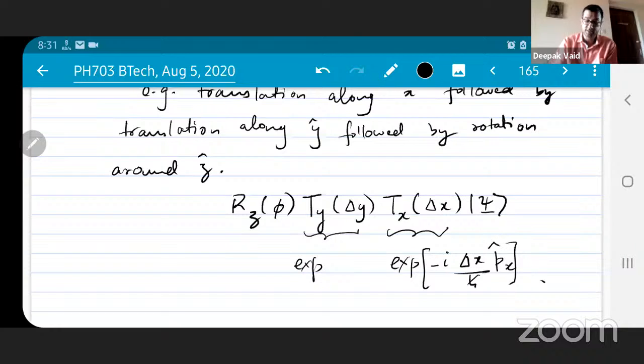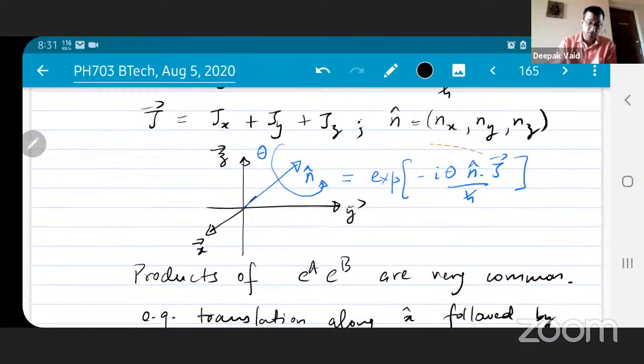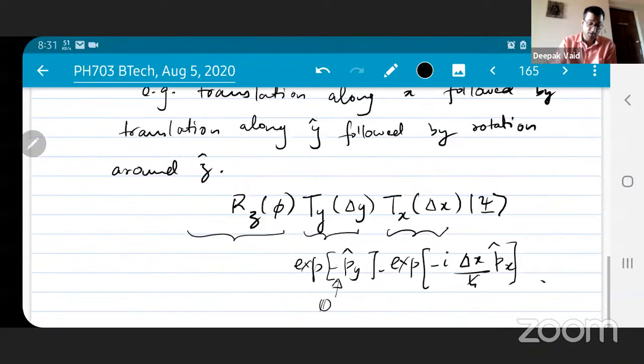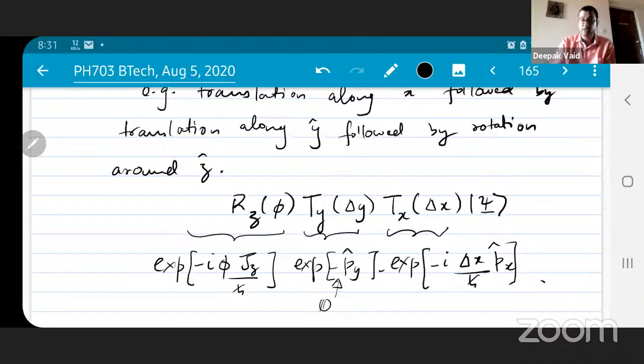Px, the operator Px. Similarly, here you would have the operator Py, right? With whatever coefficients. And then this guy would be this expression, and you would get here exponent minus i phi Jz by h bar. So you would have the product of these three exponentials.